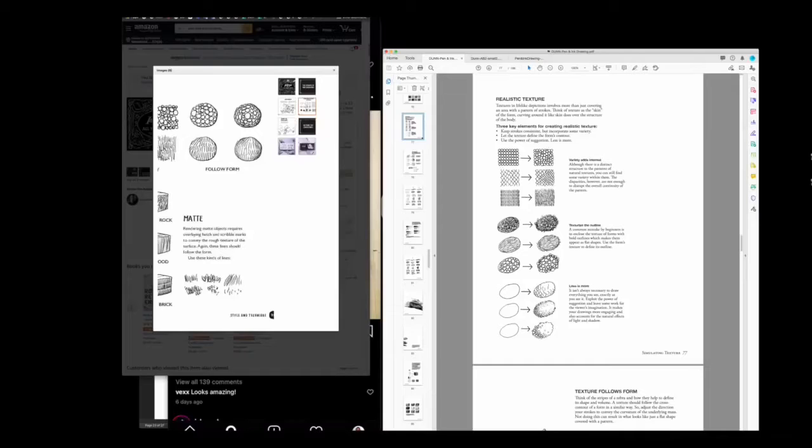Parker uses two texture types. He uses a circular texture and a short hatch, like a short hair sort of texture, and he applies it to square and circular swatches, and the words follow form are literally just applied underneath some circular swatches to show an example of something following a form. Presumably this is there because a sphere is a very good rounded form and it would demonstrate the concept.